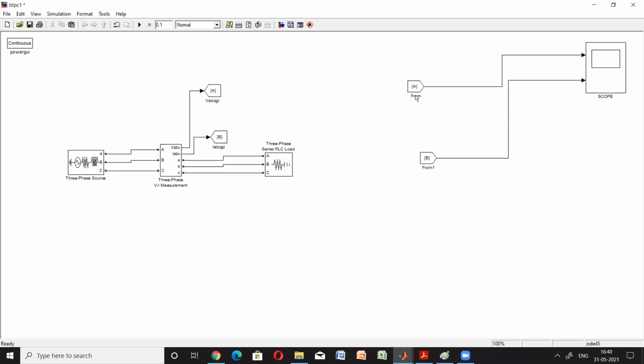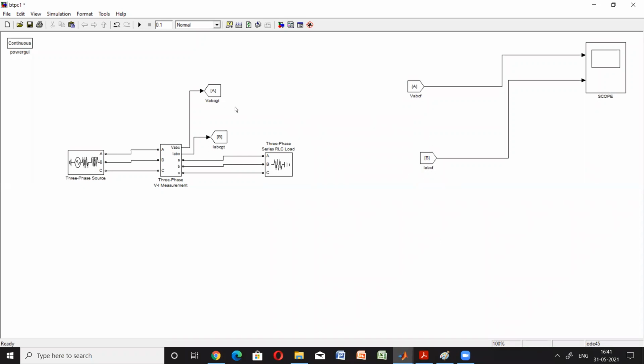Now I am naming this From block VABC_F, F for From, and this one IABC_F.